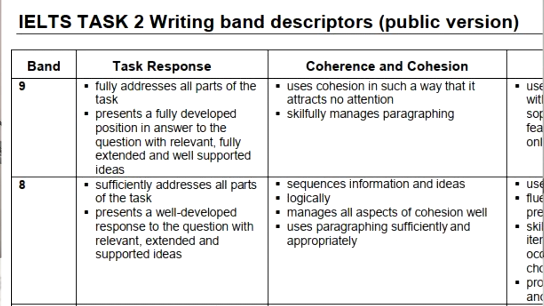Let's have a look at the band descriptor for our writing essays. A student who gets a band 9 fully addresses all parts of the task, and then he or she presents a fully developed position in answer to the question with relevant, fully extended, and well-supported ideas.